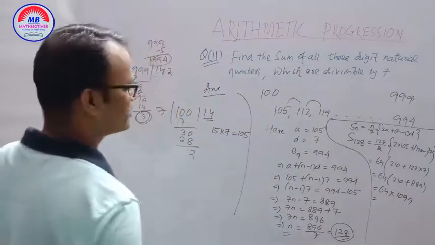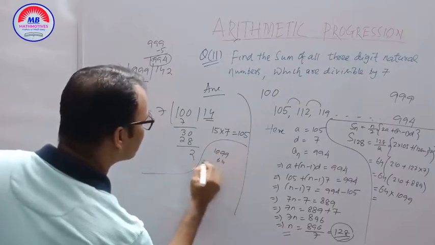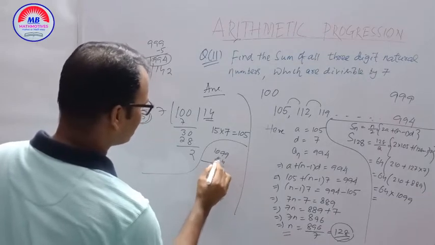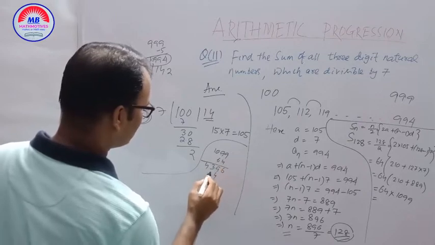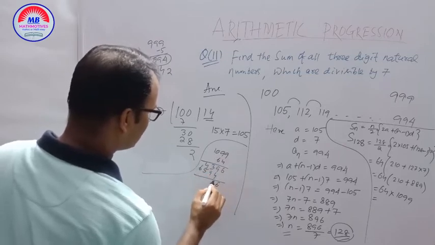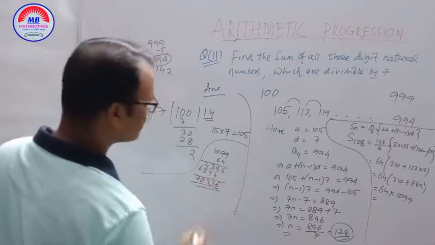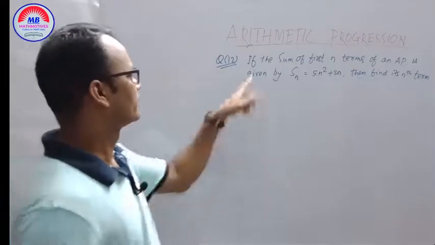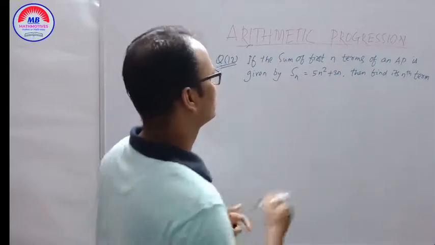So 1099 into 64. Multiply it. We get 70336.